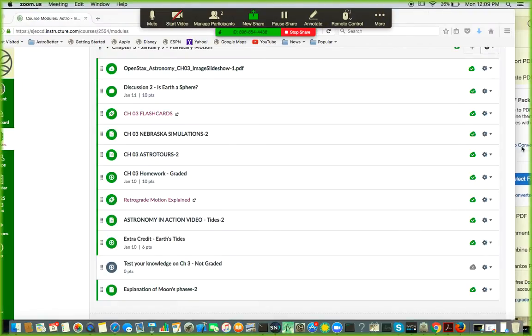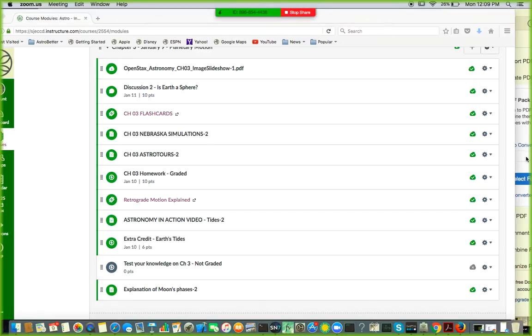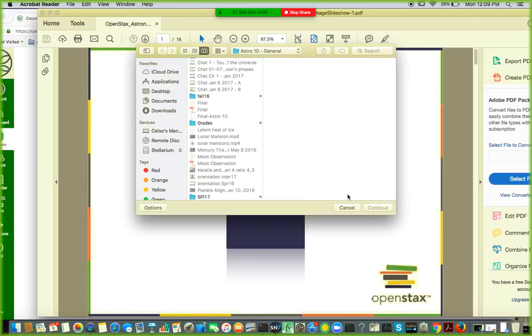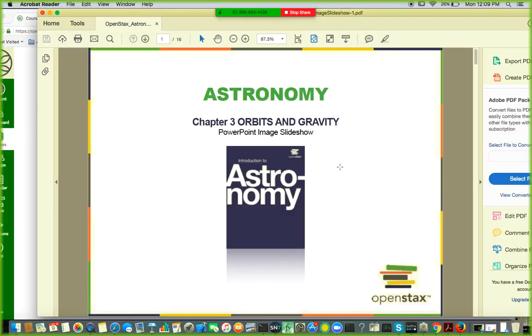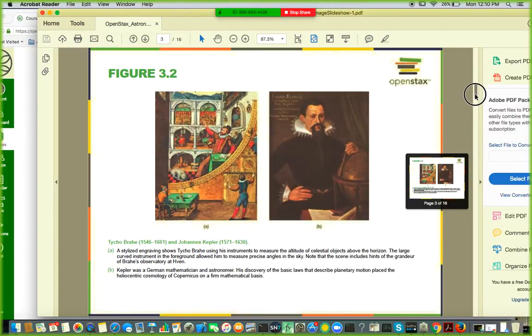Okay, what I would like to show is the main topics of chapter 3. The main topic of chapter 3 is pretty much Newton's laws of motion. That's where everything ends.